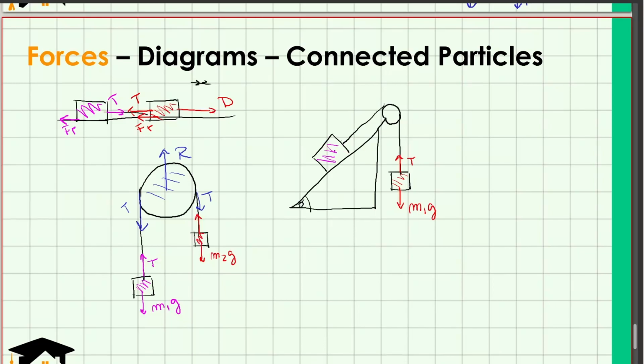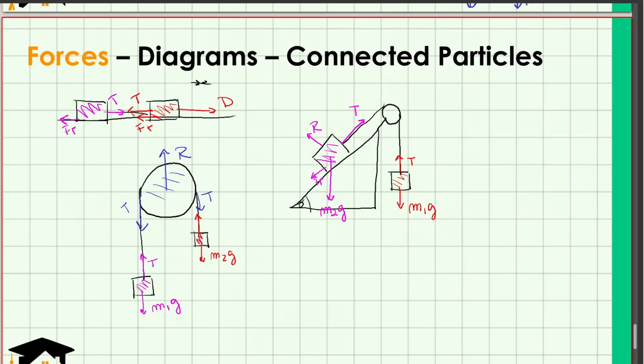This object, we have several things. First of all, the friction. Then we have the weight, m2 times g, the tension. And because it's lying on this plane, then it has a reaction.